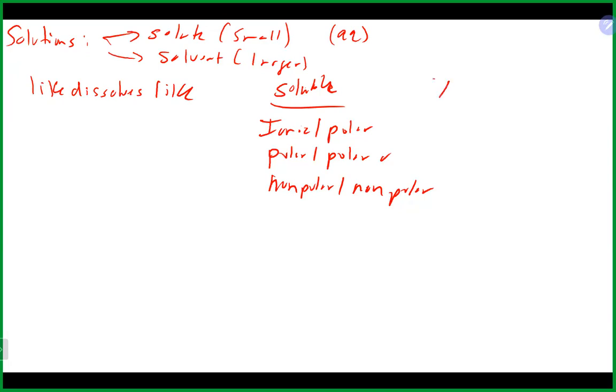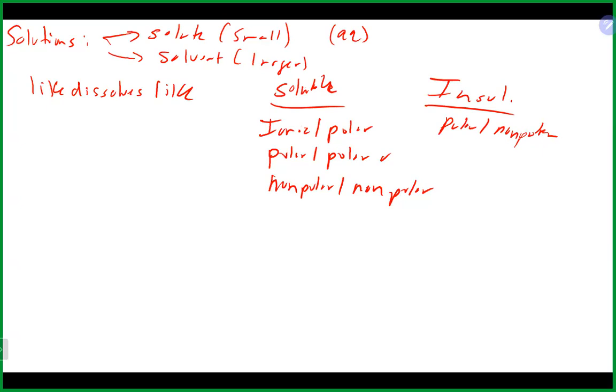It's only when we cross over between those two, when we take something that's polar and nonpolar, that's going to give us something that's going to be insoluble in each other. And that's because they're trying to use really very different interactions.